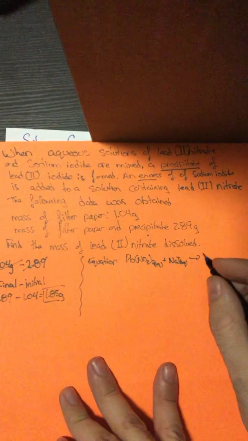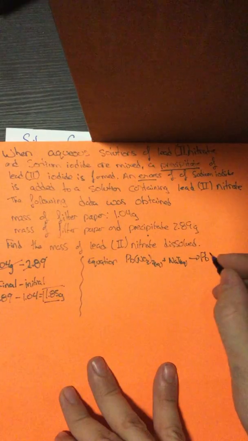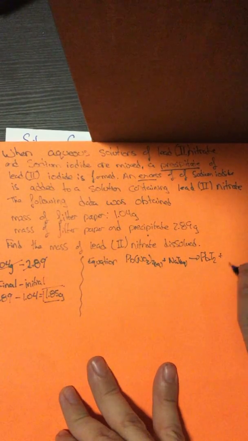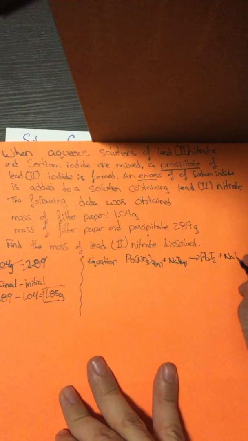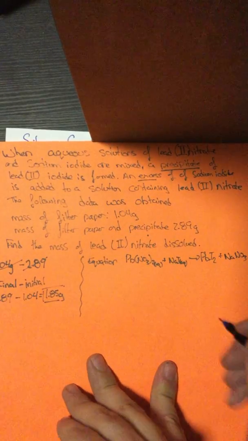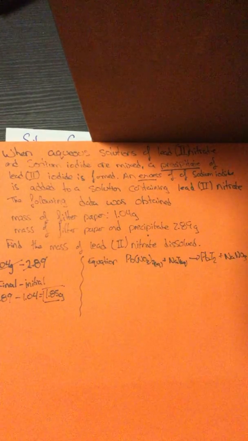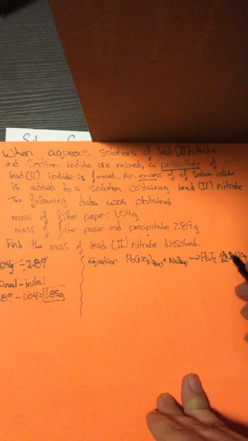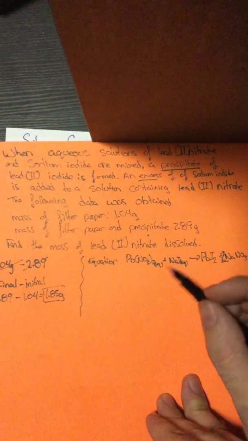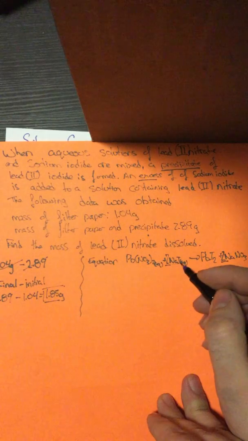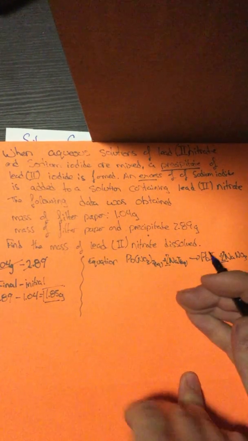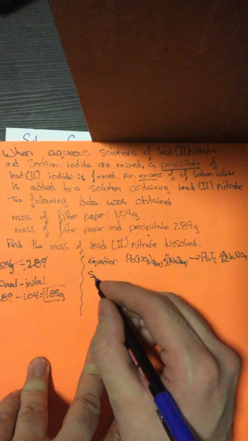So I will end up with lead-2 iodide and sodium nitrate. Now, just as before, I need to go through and actually balance this out. 2 nitrates, 1 nitrate. So I'm going to balance that. 2 sodiums, 1 sodium. Balance that. 2 iodines, 2 iodines. Excellent. So we're there.